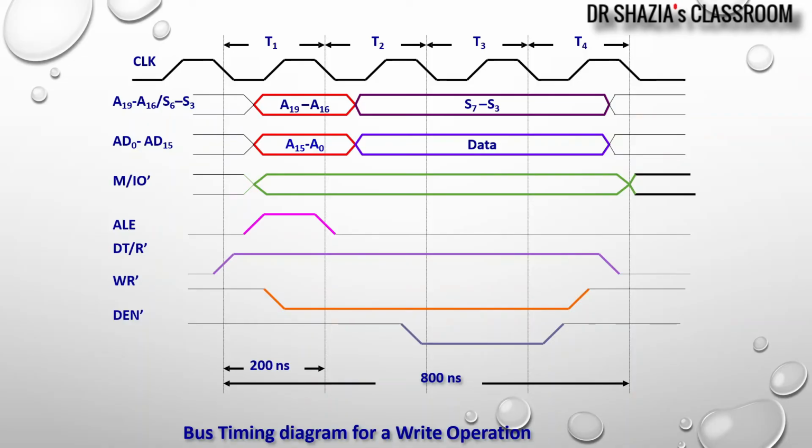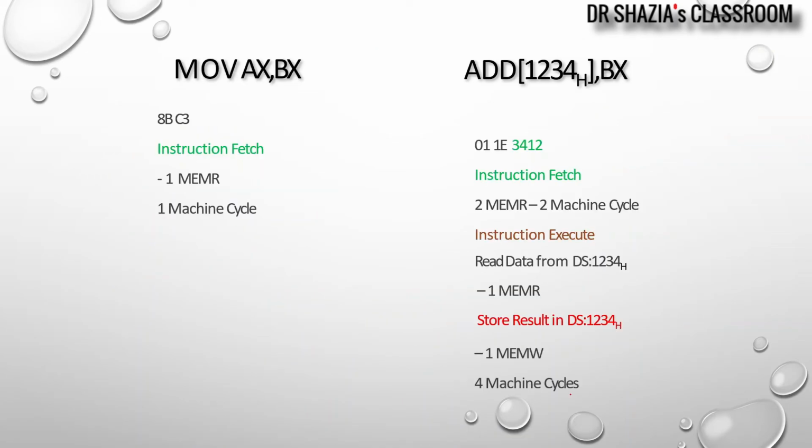The major difference between read and write operation is that the data will be available in the second T state itself for a write operation. So if I go back to my previous example, you can see that ADD [1234h], BX involves 4 machine cycles. Out of these 4 machine cycles, 3 machine cycles are going to be of memory read and the last machine cycle will be of memory write type.